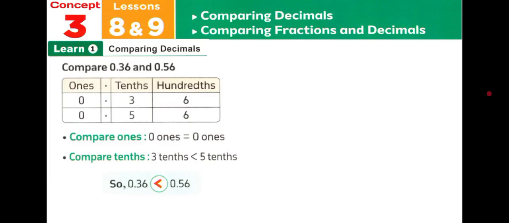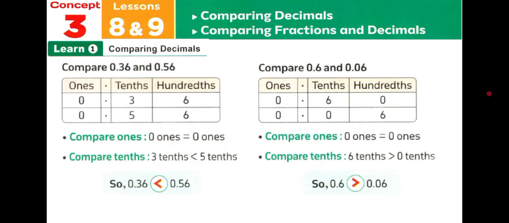Then we line up the decimal point, and start comparing from the greatest place value, ones with ones, and then tenths. The number in tenths is 3 and here is 5, so 0.36 is less than 0.56.